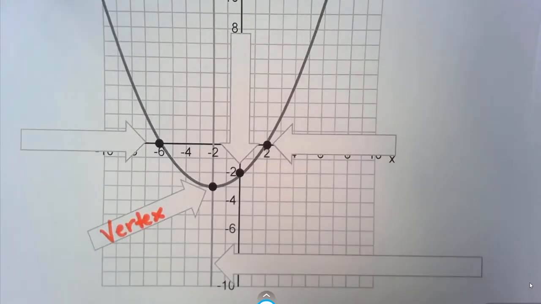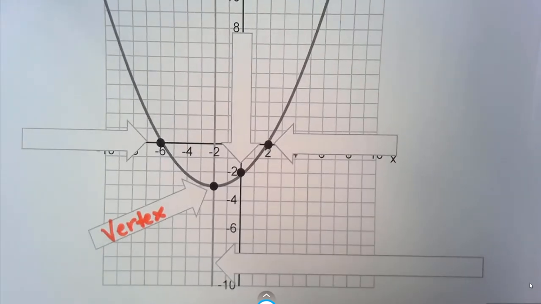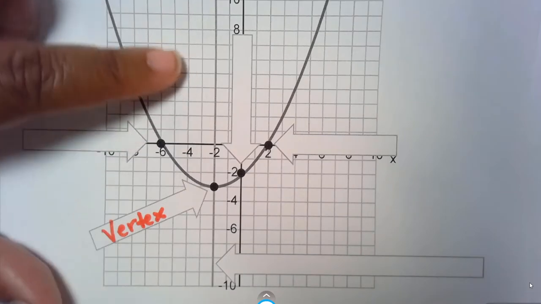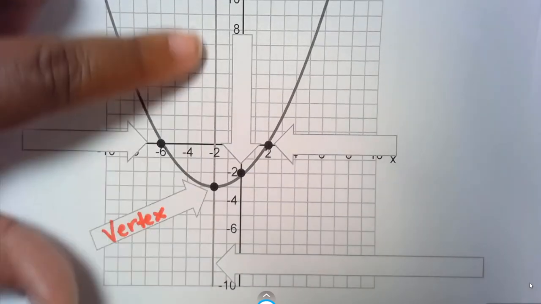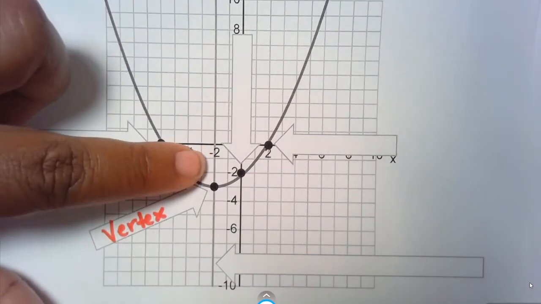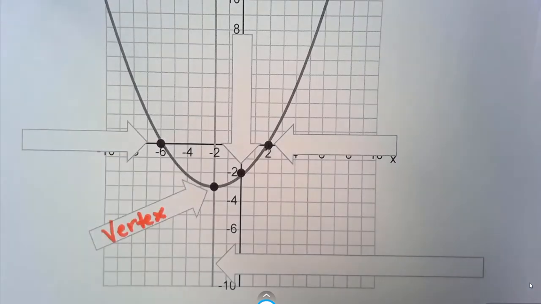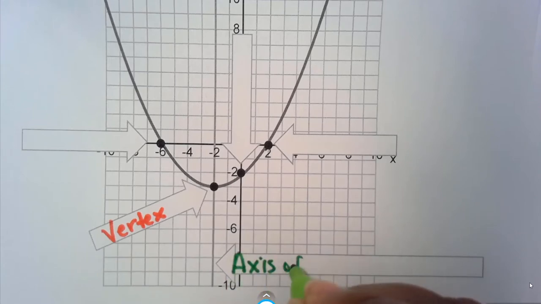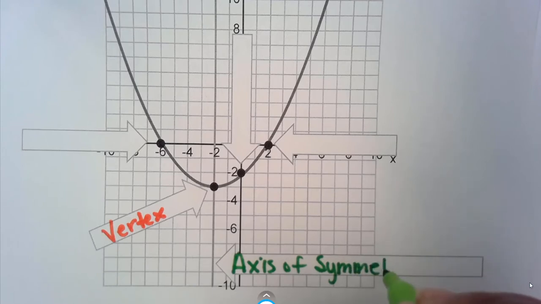So in our example here, our axis of symmetry is on the line when x is equal to -2. So that is our axis of symmetry. If I were to ask you to write the equation to this, we would say x is equal to -2.